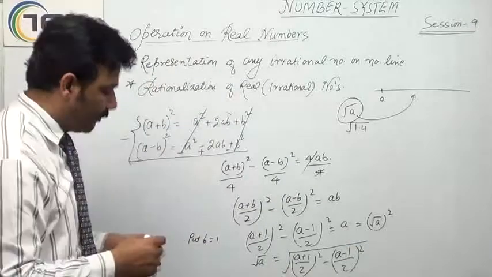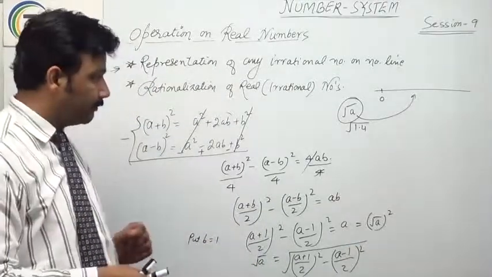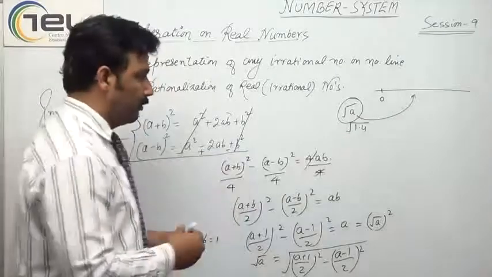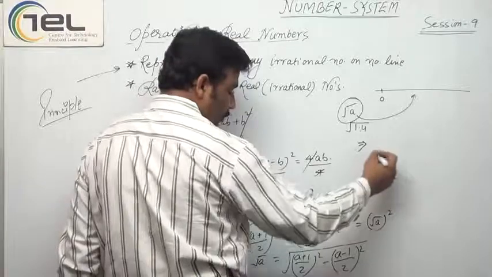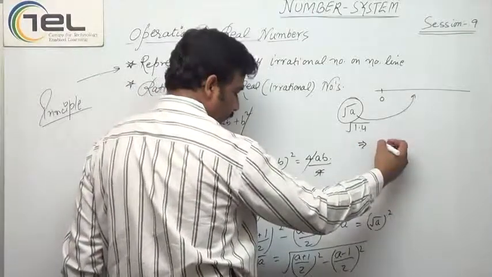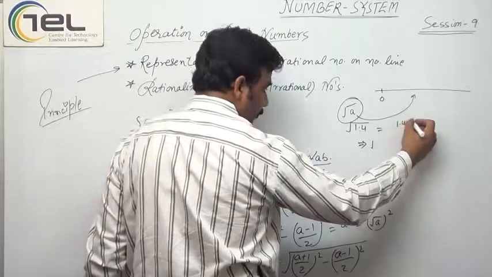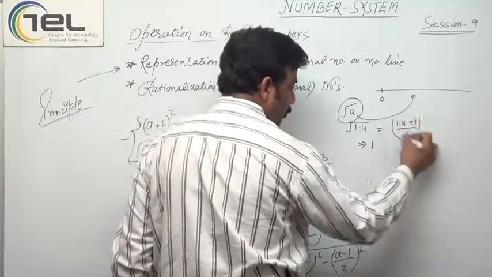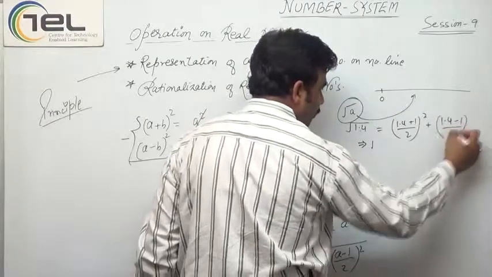If I have to find out the value, what do I have to do? I have to do this thing. Square root of 1.4 will be the square root of (1.4 plus 1) by 2 whole square minus (1.4 minus 1) by 2 whole square.